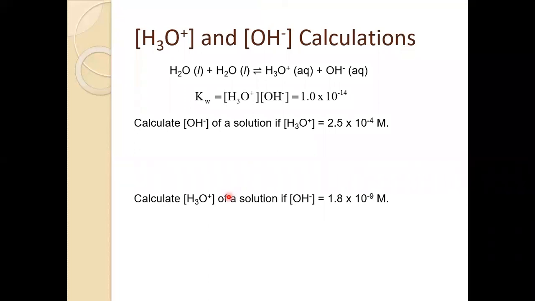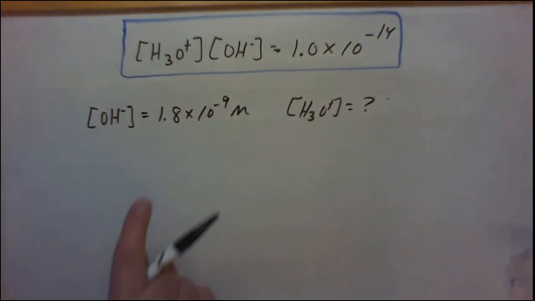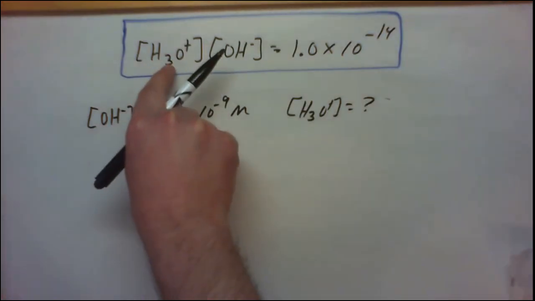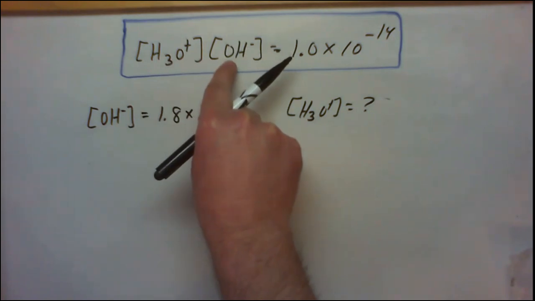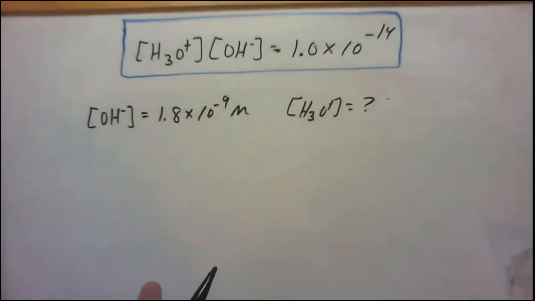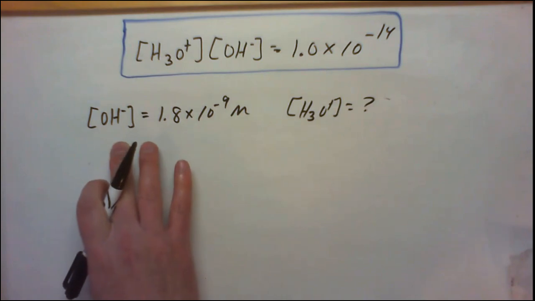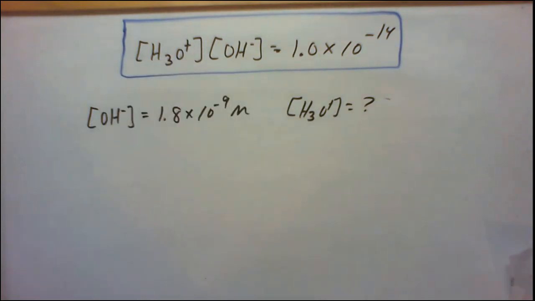And the second question: we're going to calculate the hydronium concentration of a solution given the hydroxide concentration is 1.8 times 10 to the minus 9 molar. Once again, the important relationship is the concentration of hydronium times concentration of hydroxide must equal 1 times 10 to the minus 14. So here we know the hydroxide concentration and we're asked to find the hydronium concentration.